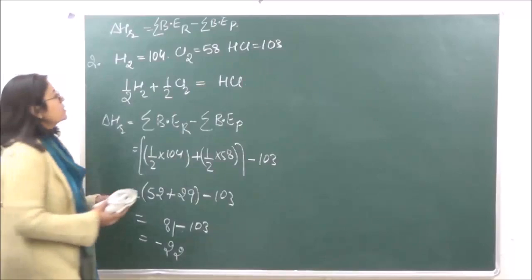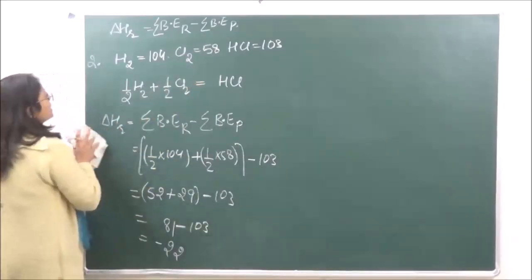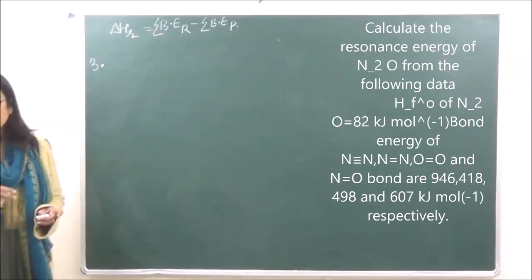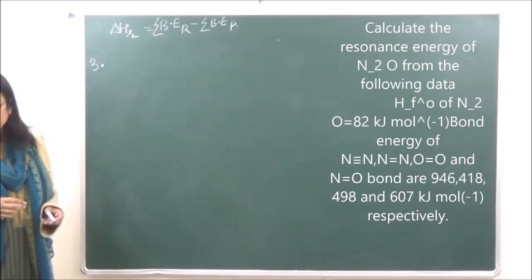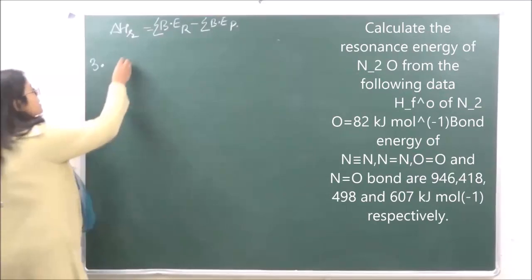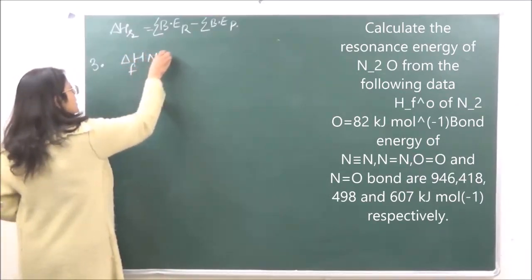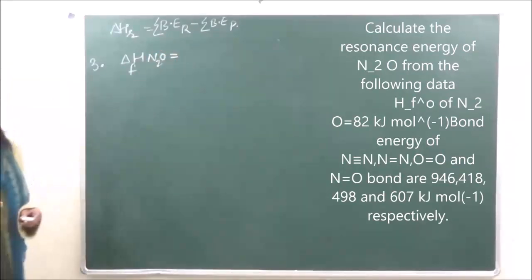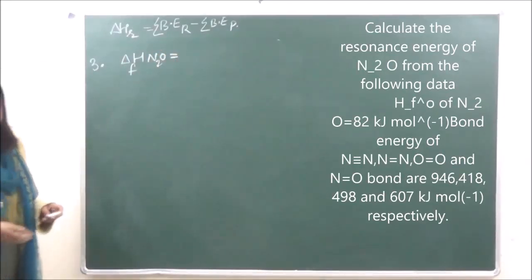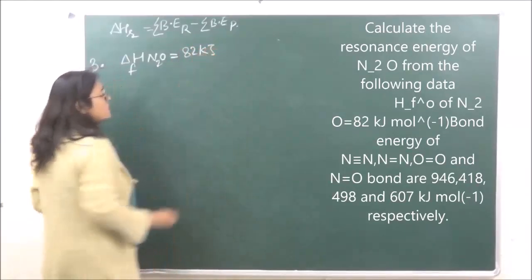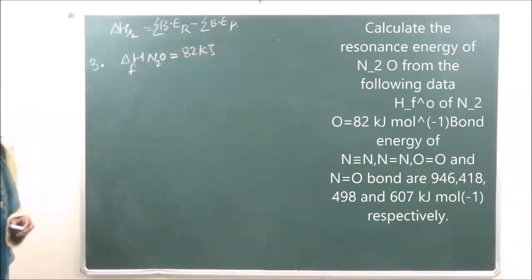The next question, third question which we are going to discuss. Third question हमारे पास क्या है? Calculate the resonance energy of N2O from the following data. They have given us delta H F for N2O, which is equal to what? It is equal to 82 kilojoules per mole. So for this, we have to first calculate the calculated one over here.